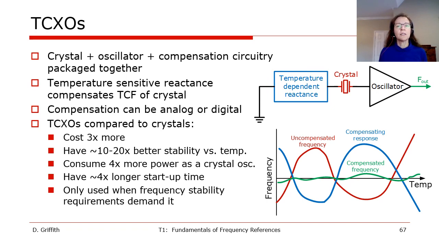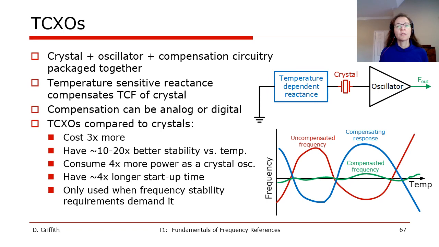The classical TCXO implementation is shown in the diagram at the top, where the temperature sensitive reactance, shown by the blue box, is used to counteract the natural temperature coefficient of the crystal in red, which you can also see in the red curve, giving a stable frequency, which you can see in the green curve. This compensation approach that's shown here is done in analog, but there are also digital TCXO versions of this.